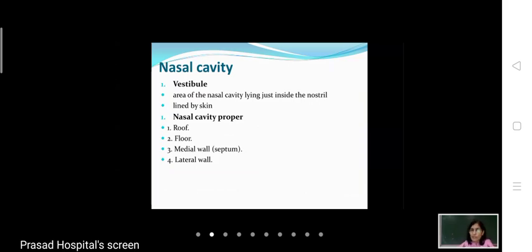Then the nasal cavity. The nasal cavity is a pyramidal structure having a roof, a floor, two lateral walls, and a medial wall or the septum.